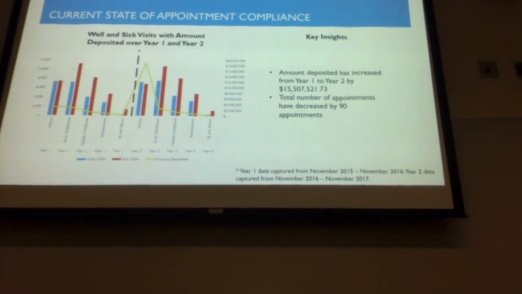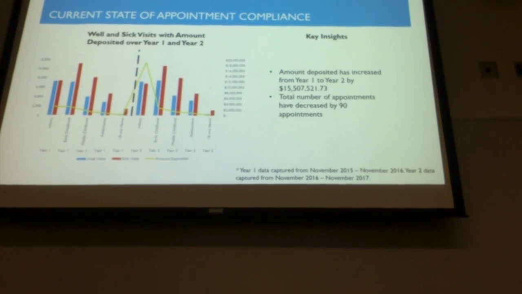On the left-hand y-axis is the count of the visits, and on the right-hand side is the average reimbursement amount, the average amount deposited per visit. And then the green line correlates to the right-hand side, detailing how much of the average amount deposited is received per age bracket.